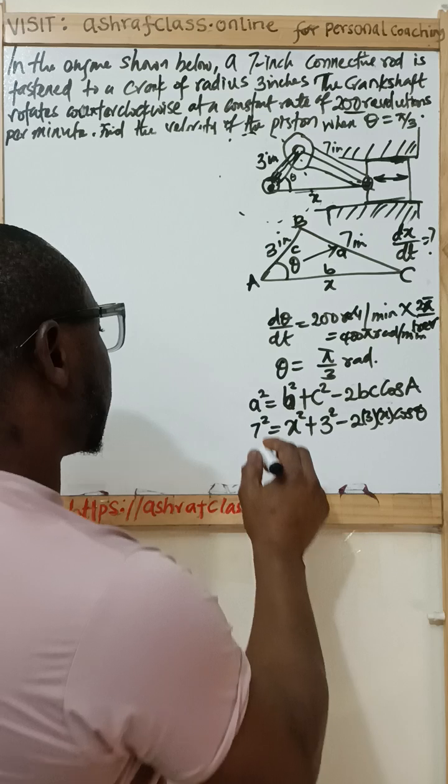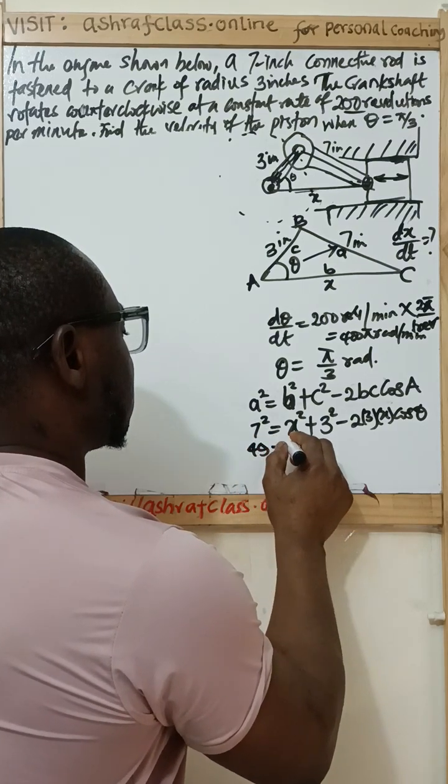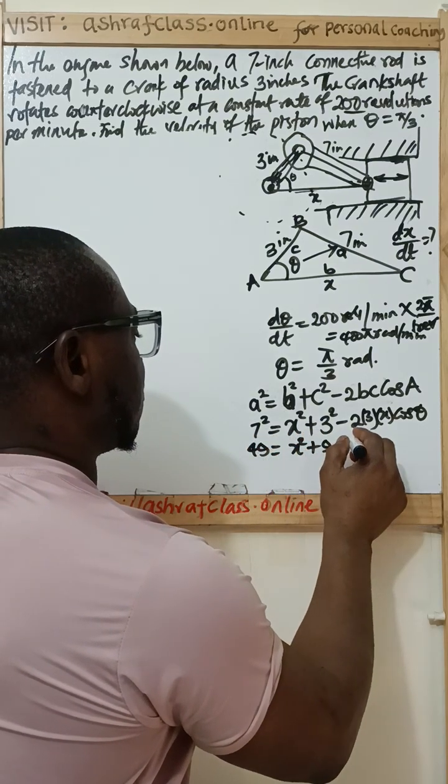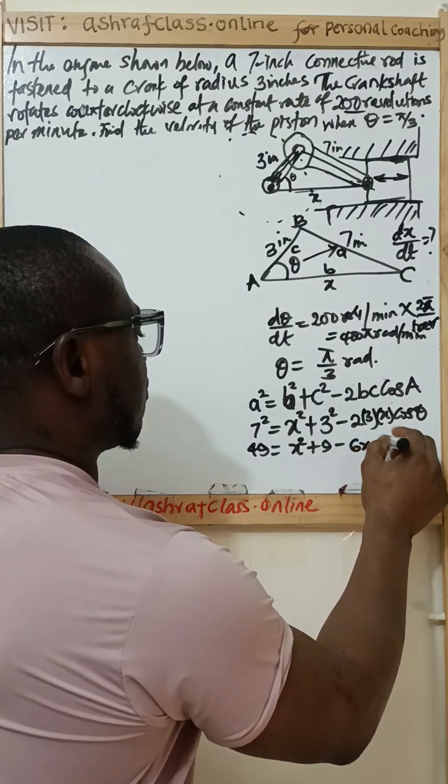So 49 equals x squared plus 9 minus 6x cos theta.